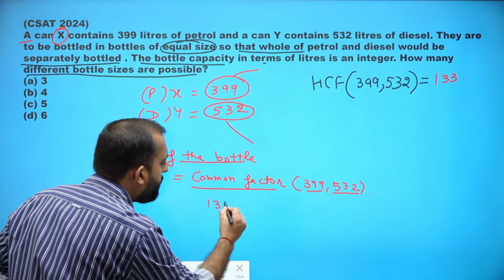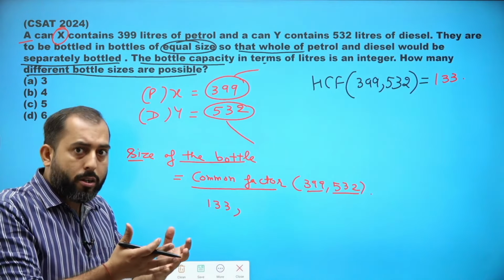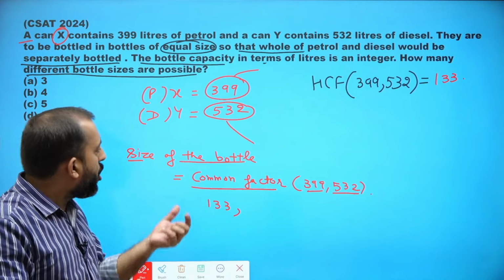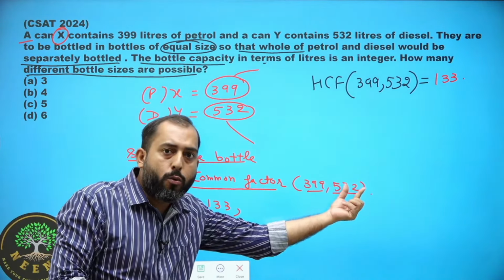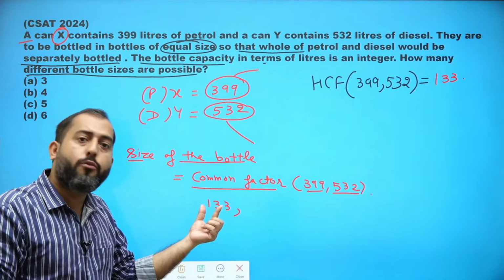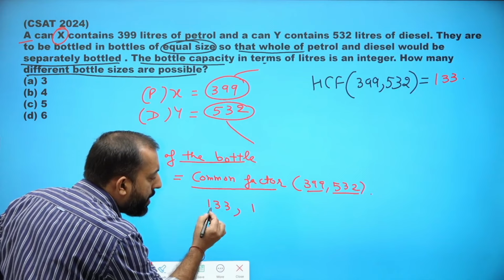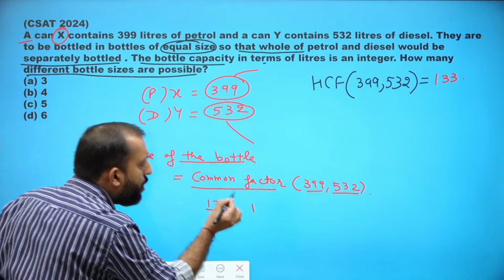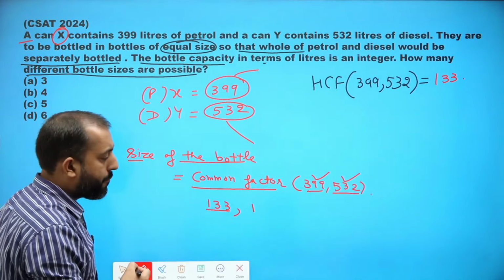So one of the bottle sizes can be 133. Other bottle sizes or common factors of 399 and 532 will be all those numbers that will divide 133. So 1 will divide 133 completely. So 1 will also be a common factor of 399 and 532.